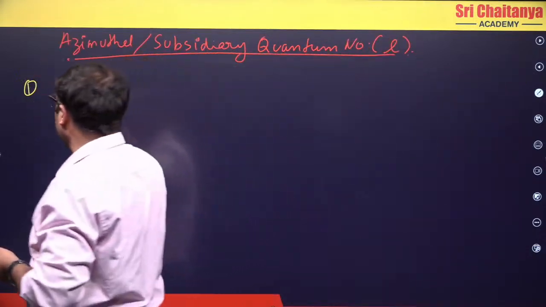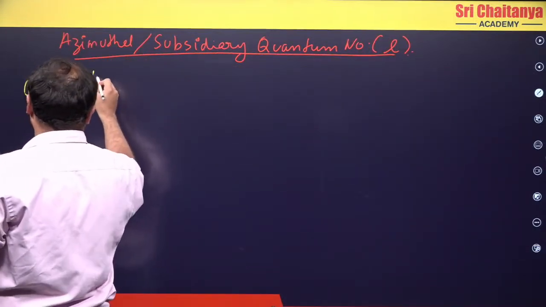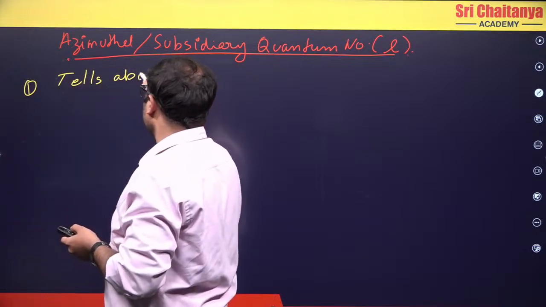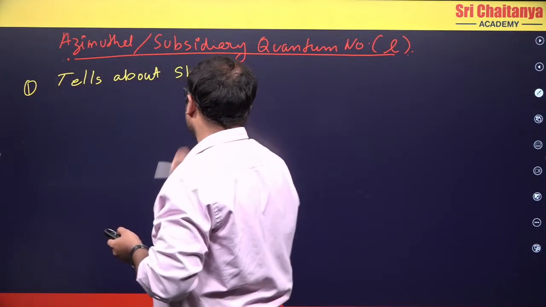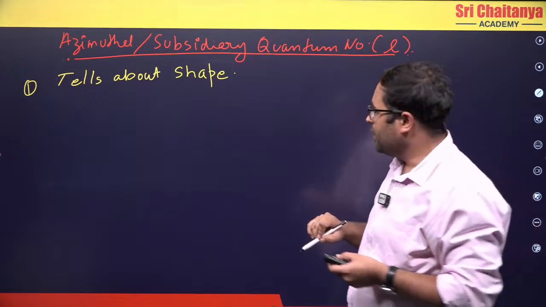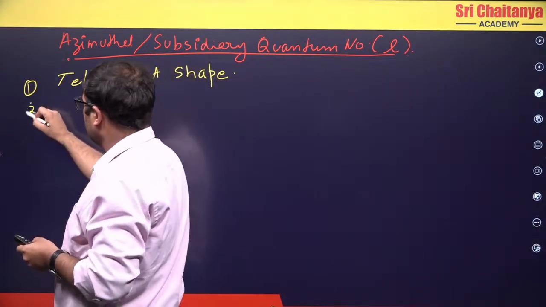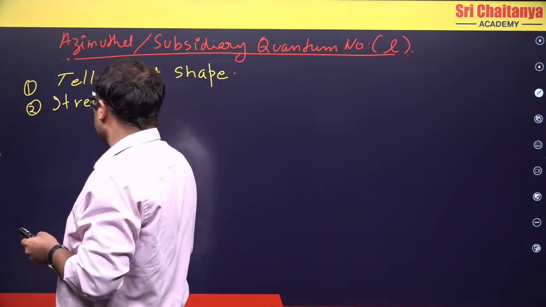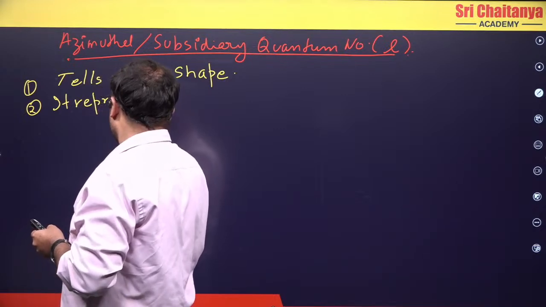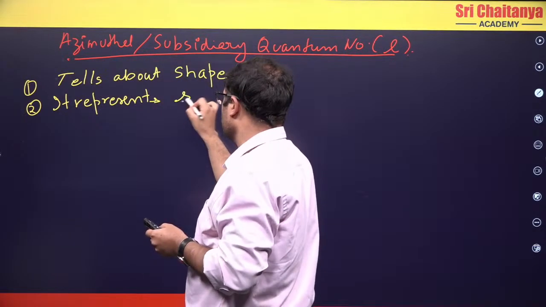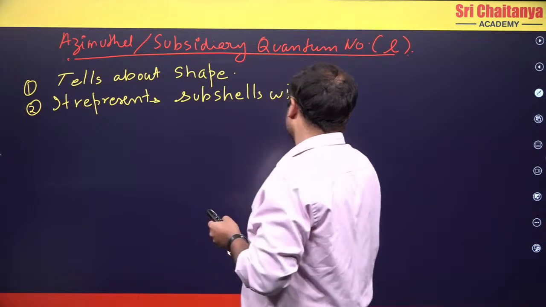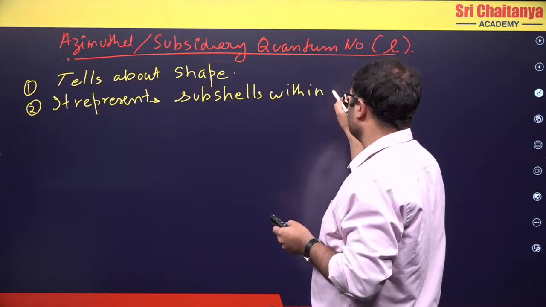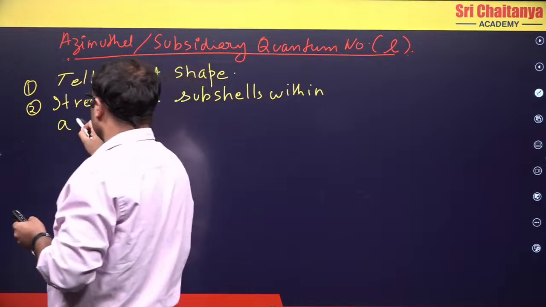This, on the other hand, tells you about the shape. Next, it represents subshells within a shell.